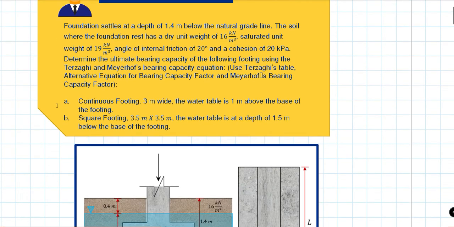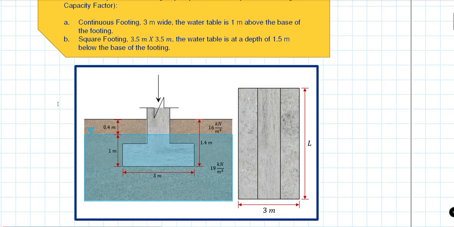So, I have prepared here the drawing for the problem. Siyempre, nandyan yung depth ng footing natin, which is, sabi nga, 1.4 meters below the natural grade line. So, this one will be the natural grade line.